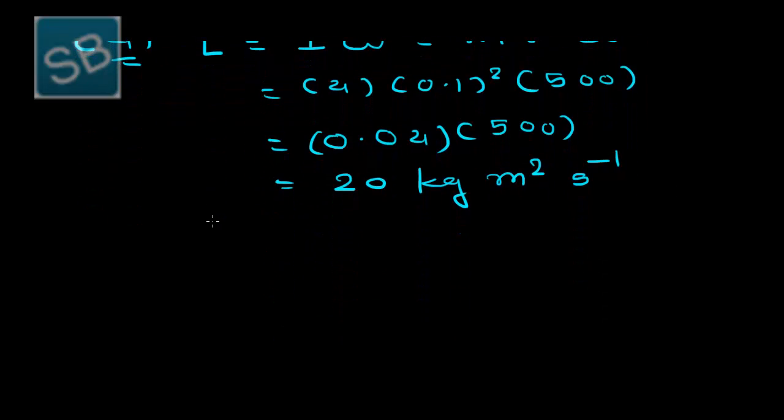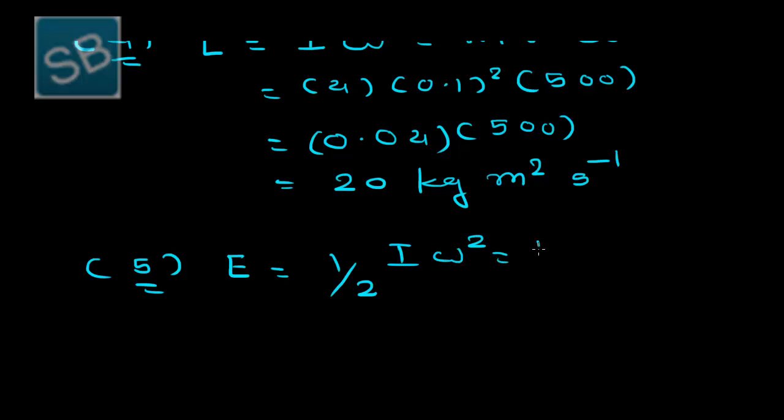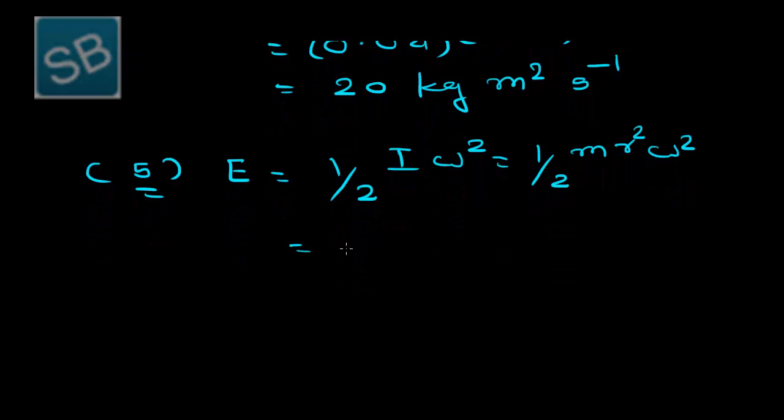Now the fifth one we have to find is rotational kinetic energy. That means E is equal to, we know the relation, 1 by 2 I omega square, which is equal to 1 by 2, the value of I is mr square, and omega square is as it is, which is equal to 1 by 2, m is 4, r square is 0.1 square, 0.01, omega square means 500 square.